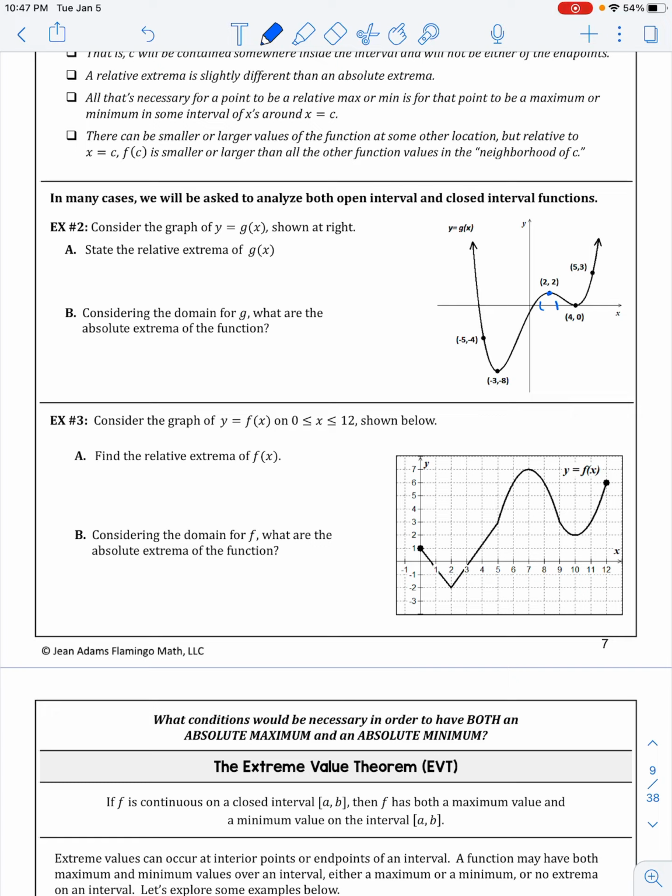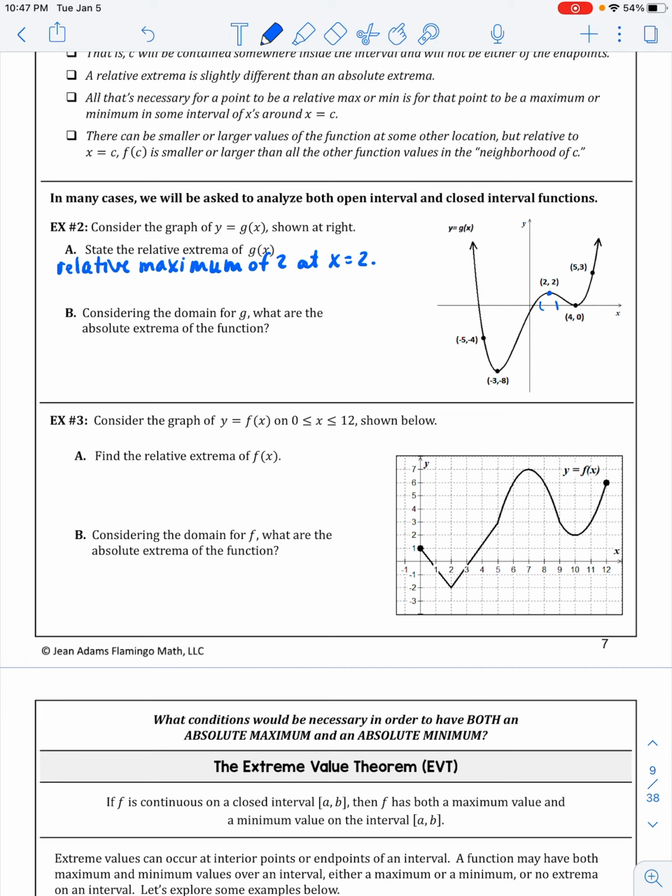Okay, so this is one where we're finding the extrema on the domain of the function, because look, we've got the whole function here. It didn't talk about a closed interval. So on the domain of the function, we've got a relative maximum of 2 at x equals 2.